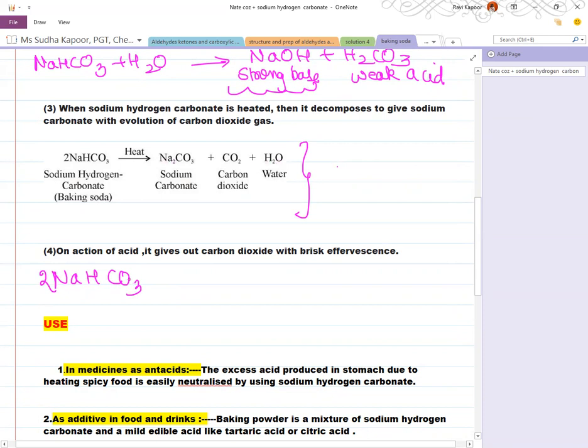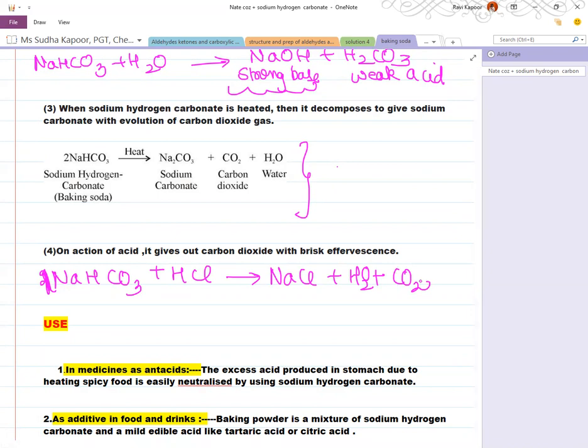But when it is treated with an acid, say HCl, it results in the formation of NaCl plus water plus CO2, which comes out as brisk effervescence. CO2 turns lime water milky, as we studied in previous lessons.